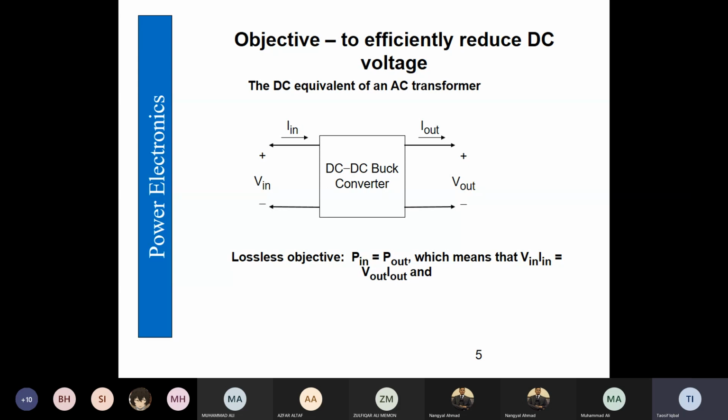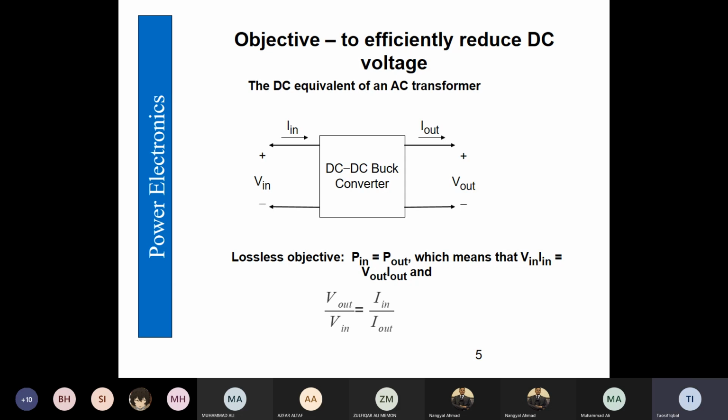Therefore, according to the current, I square R loss appears in those energy storage devices as well as in switches, MOSFET, diode, BJT. So they also produce some switching or conduction losses.